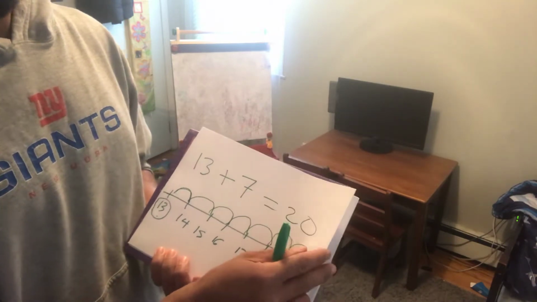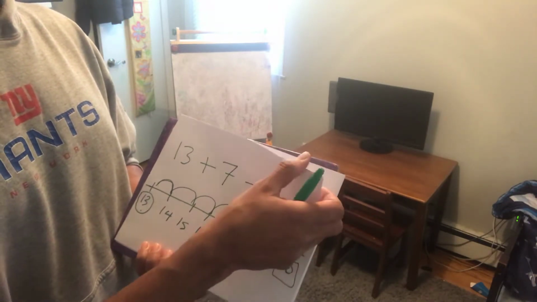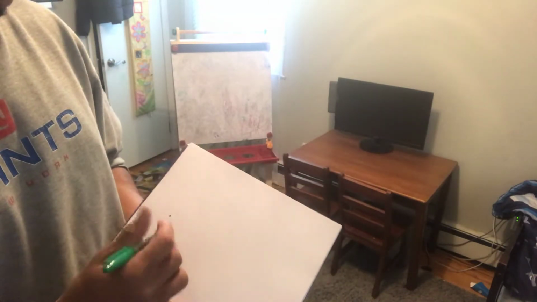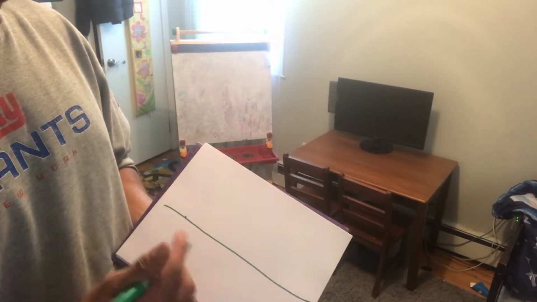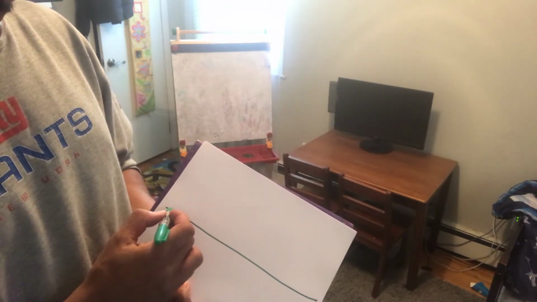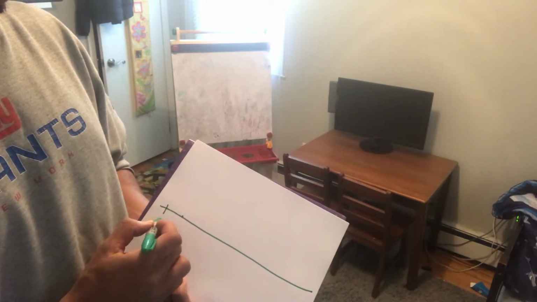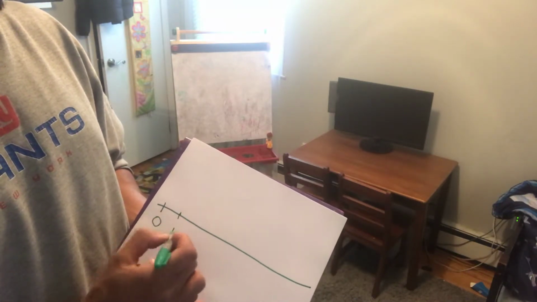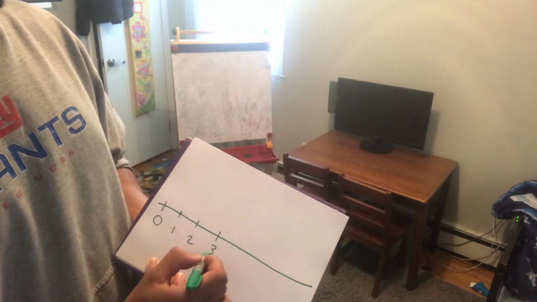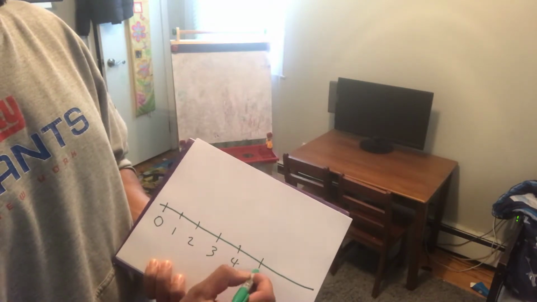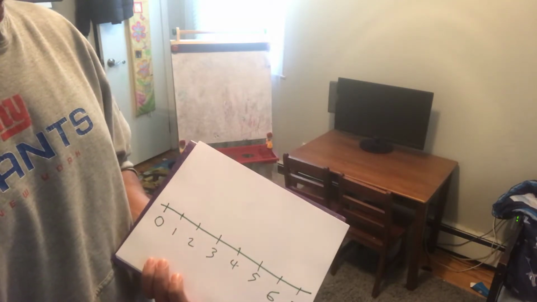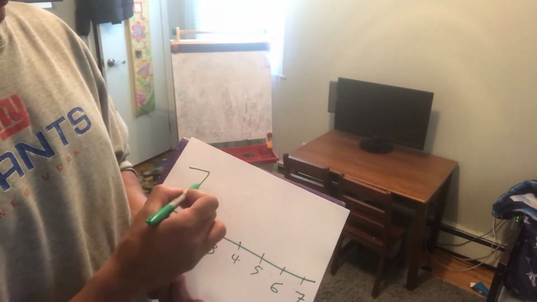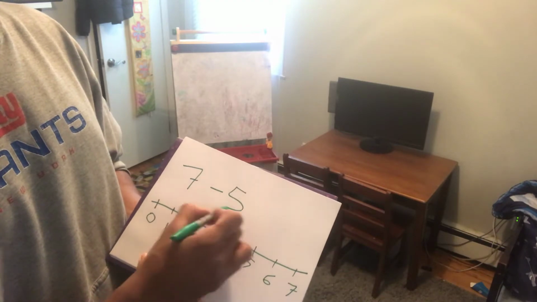All right. We can also use the number line to do subtraction. I'm going to have my number line, and I'm going to start it at 0 this time. 0, 1, 2, 3, 4, 5, 6, 7. So I want to do 7 minus 5.